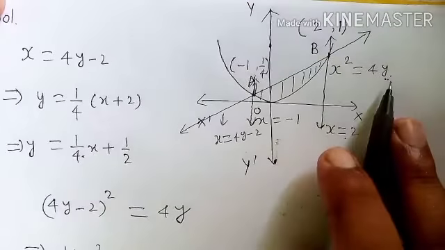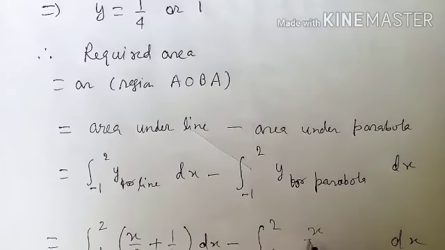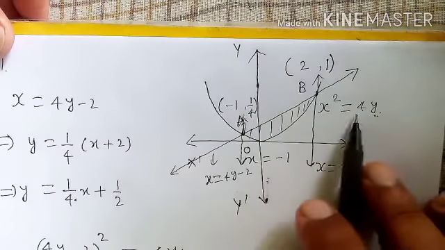Here x square is equal to 4y. Then y for the parabola is x square by 4. We have to integrate this one.